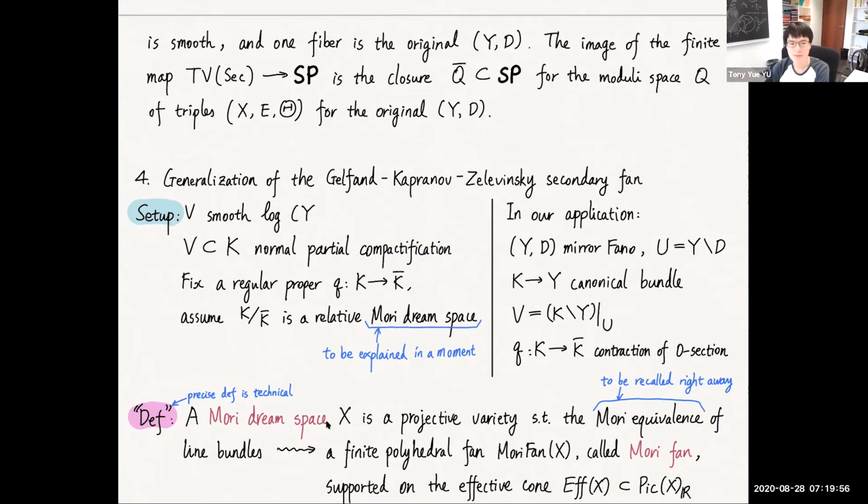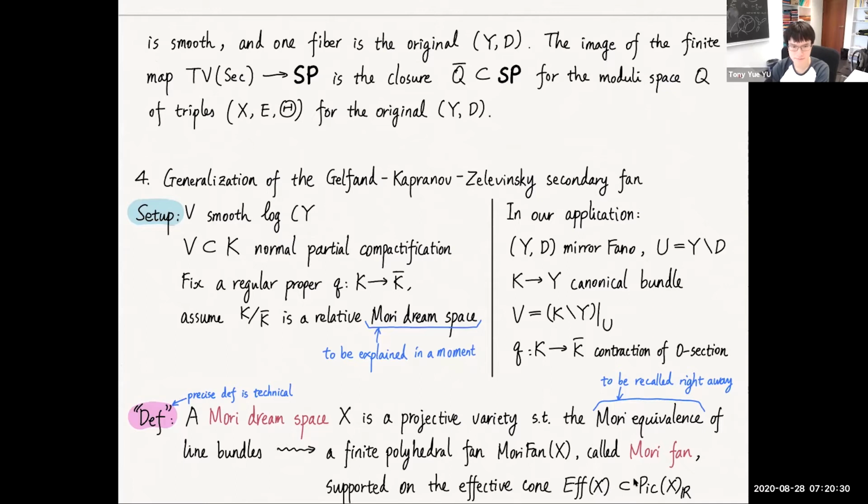A Mori dream space X is a projective variety such that the Mori equivalence of line bundles, I will recall the notion of Mori equivalence in a moment, gives rise to a finite polyhedral fan, called the Mori fan of X, supported on the effective cone of X inside the Picard vector space.